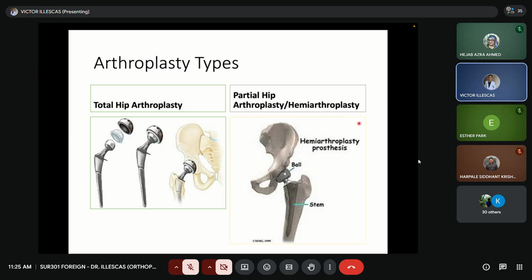In arthritic joints, it's best that you do total hip replacement because even if you just replace the proximal femur, such as in the case of partial hip replacement, the acetabulum of that joint will still have degenerative condition, meaning the patient will still complain of pain because of the exposed metaphyseal surface. So it's best that you do total hip replacement to remove all degenerative bone.